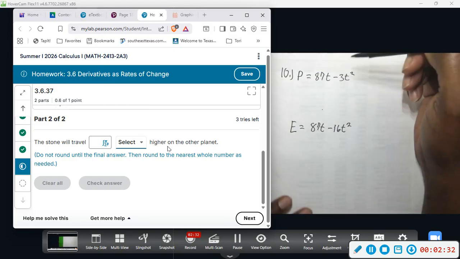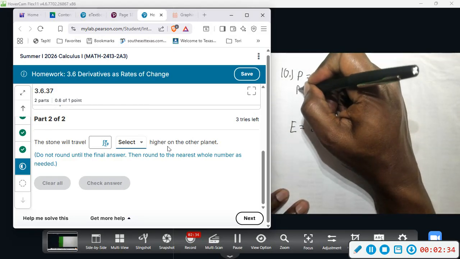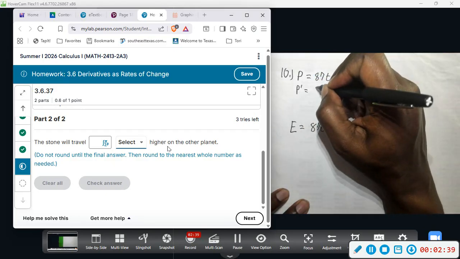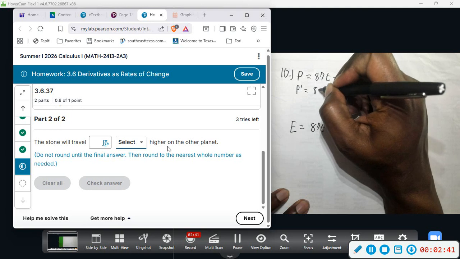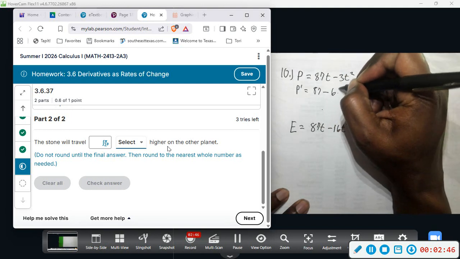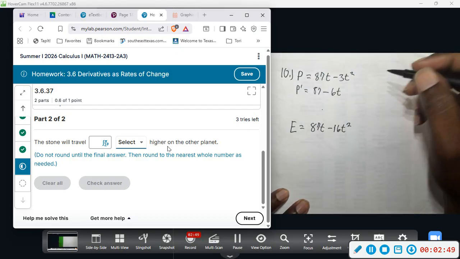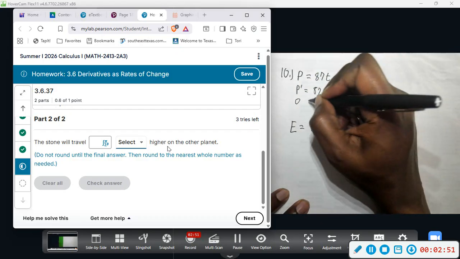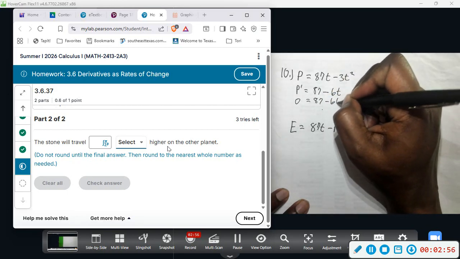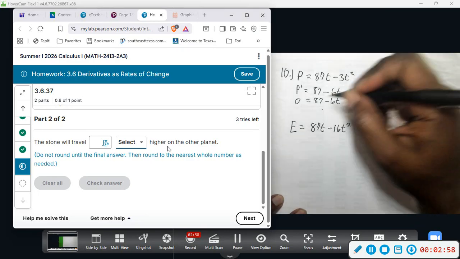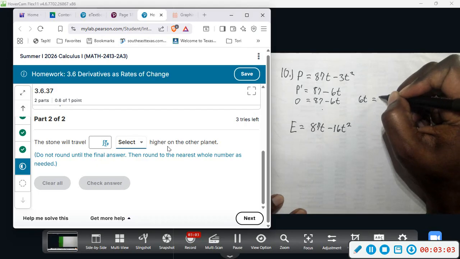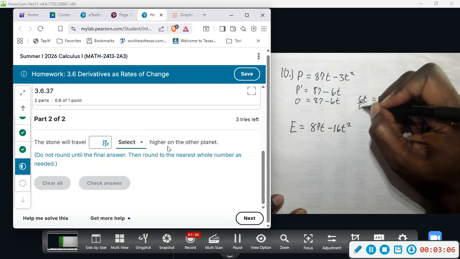Okay, so we're going to find the derivative. It's going to be 87 minus 6t. I'll set this equal to 0, so when velocity is equal to 0, we move the term over, so we get 6t equals 87, and then we divide by 6.